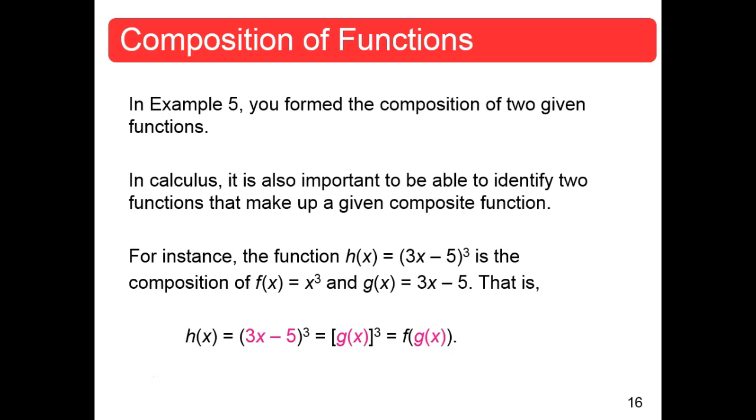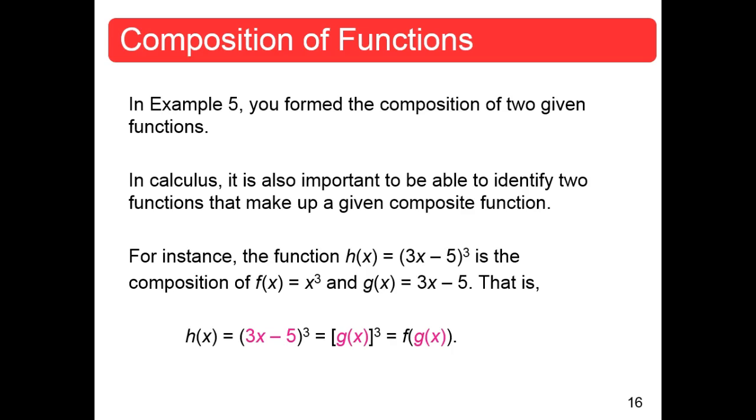So your outermost function would be the outermost thing here, the cubic function. The innermost function would be the thing that's innermost here, 3x minus 5. So h of x would be (3x minus 5) cubed, which would be g of x, 3x minus 5, in the cubic function, this f function, f of g of x.